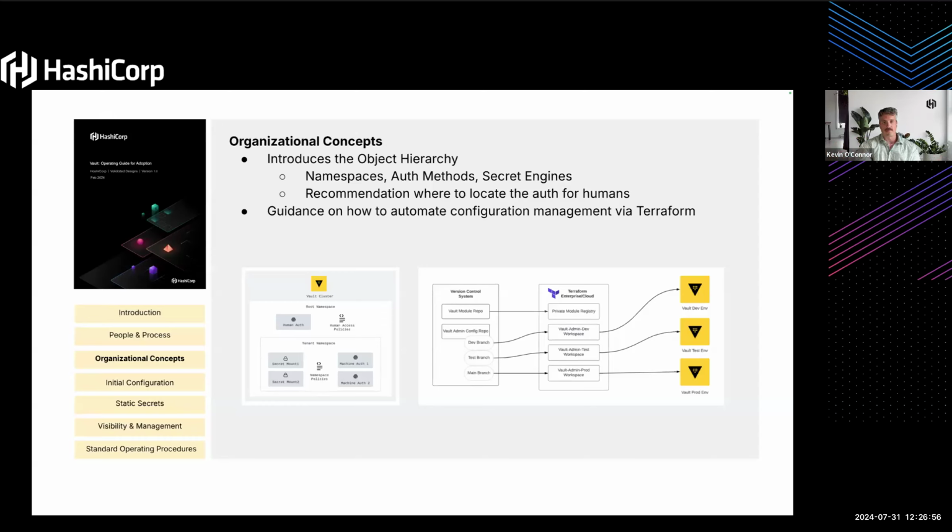Vault config, right? And so for admin teams who manage the configuration of Vault, as you can see in that second graphic there, we typically recommend that the Vault admin team set up a Vault admin config repository in a version control system, like Git, GitHub, GitLab, whatever it may be, where Vault configuration is stored as Terraform files.